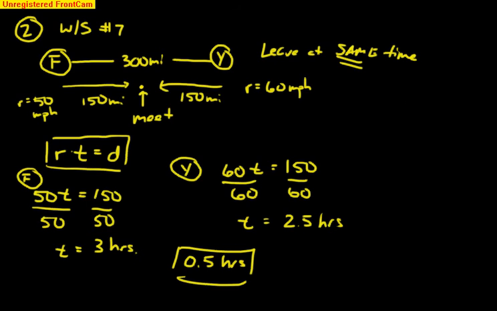Again, it was on your worksheet, number 7. The last one that I'll do in this video is a functions problem. Here is a function: h of x equals negative x squared plus 10. You need to evaluate when x equals negative 2.